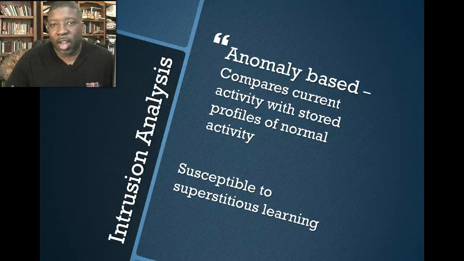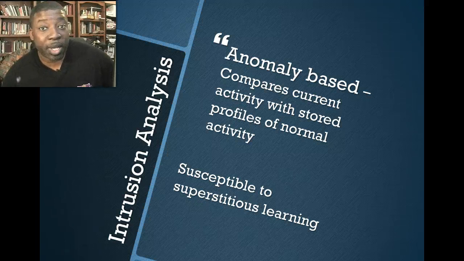So you find out everything that's going on the network, right? And from that point on, if anything happens that's different than what your intrusion analysis has recorded, then you will know something fraudulent or something bad is taking place.